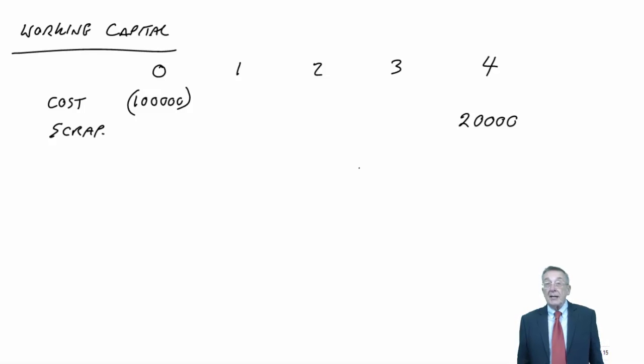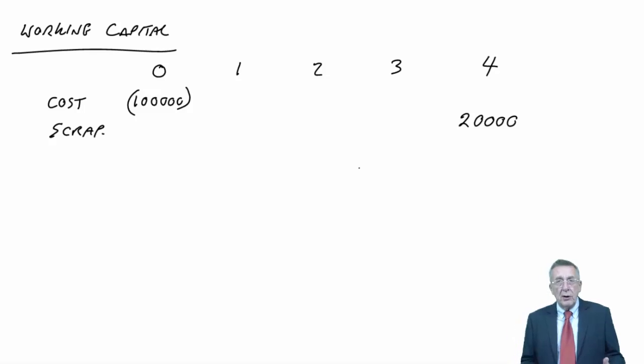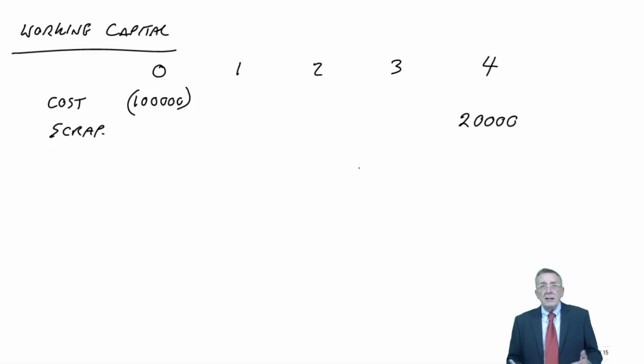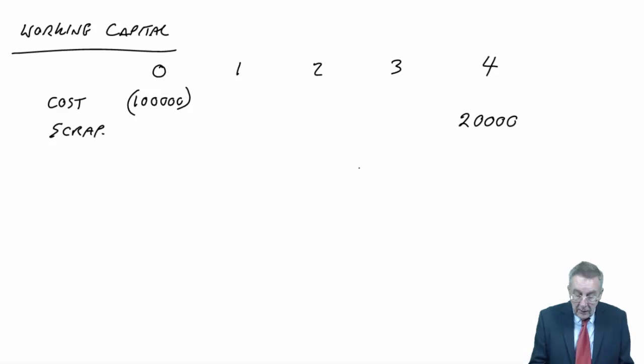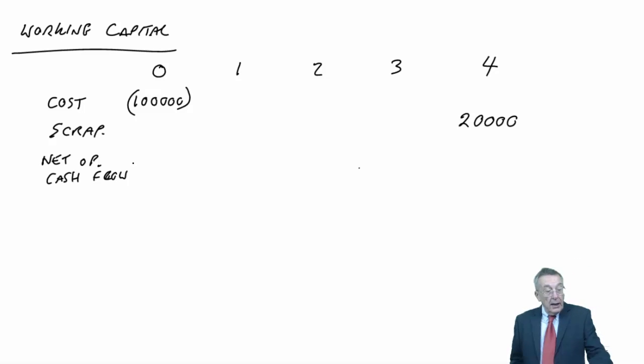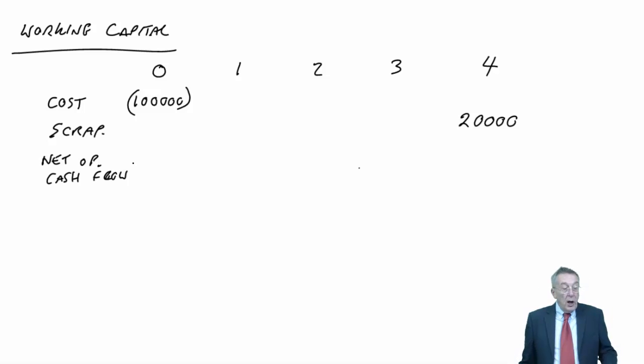The net operating cash flows. Well, operating cash flows essentially is your profit, but in cash terms. So it's your cash revenue less your cash expenses. And we're told here we've got an operating cash flow of 30,000 a year for the first 2 years, 40,000 for the following 2 years, and it does say below, and this is the normal assumption, that all operating flows occur at the ends of each year.